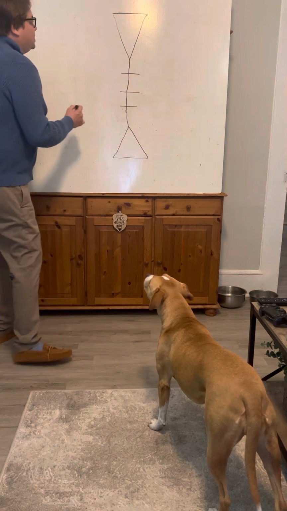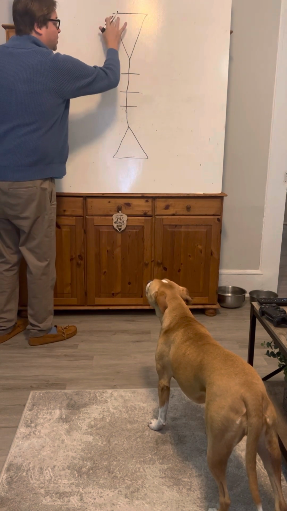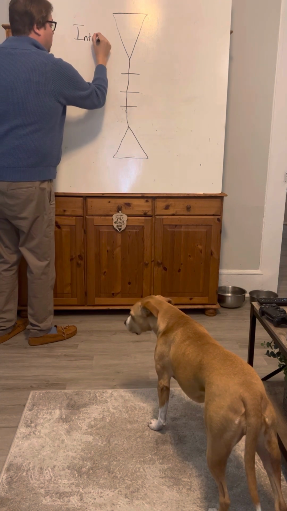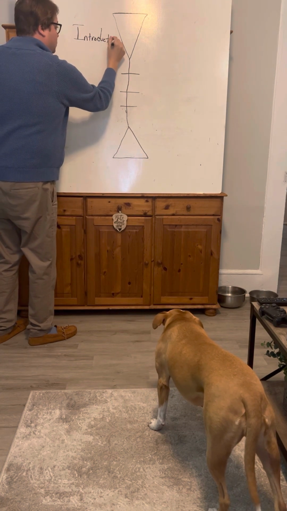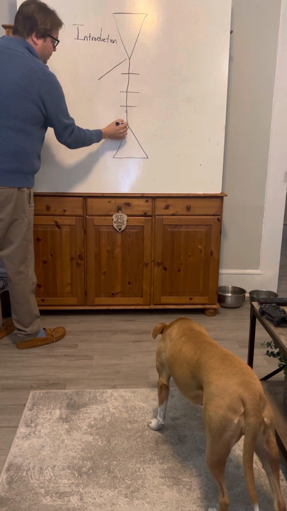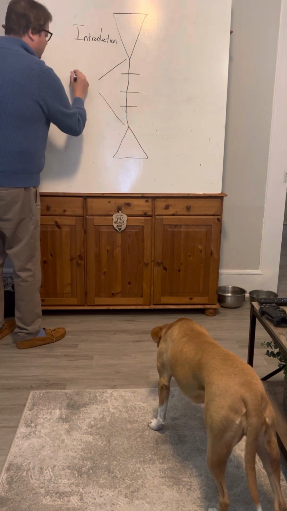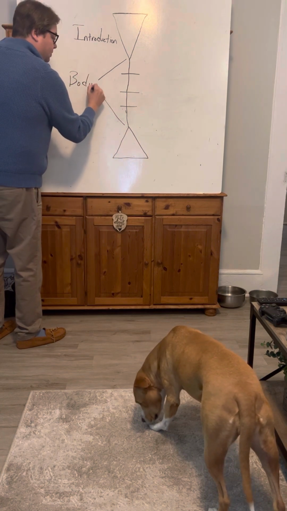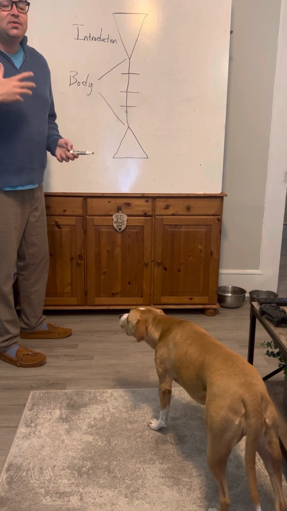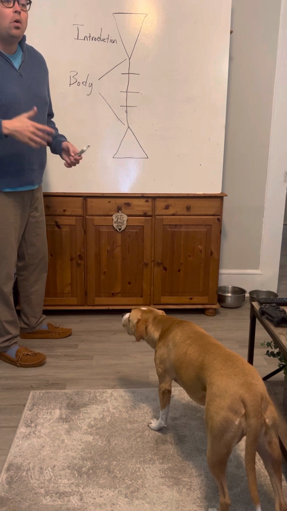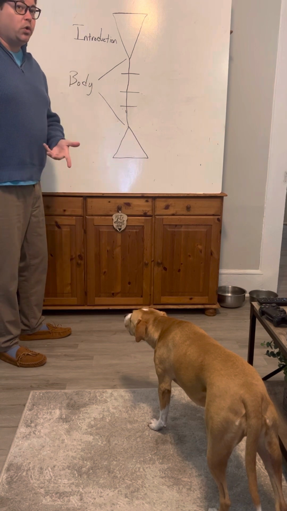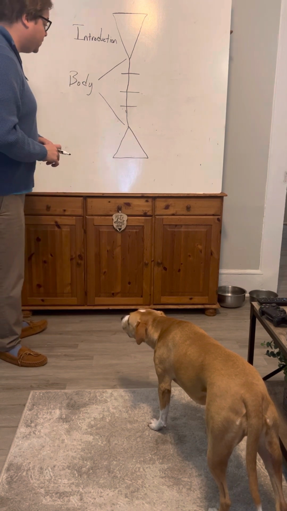So if we're labeling these, this upside down triangle right here is going to represent our introduction. Then this middle part right here is going to represent the body of our paper, or where most of your details that prove your point are going to be, or support your point, depending on what type of paper that you'll be writing, but we'll go over that as well in a different video.